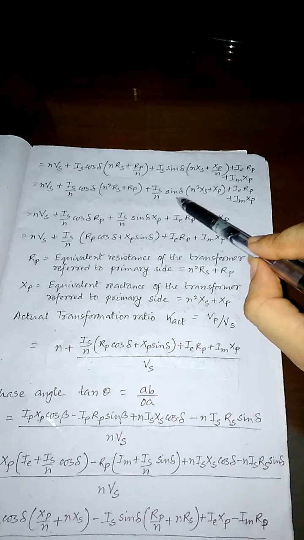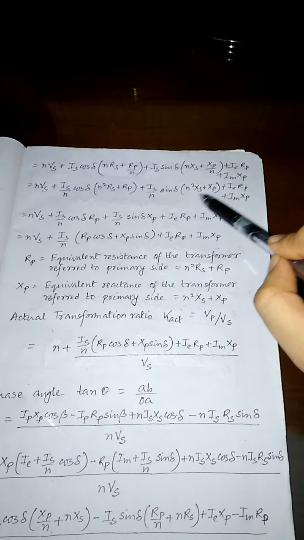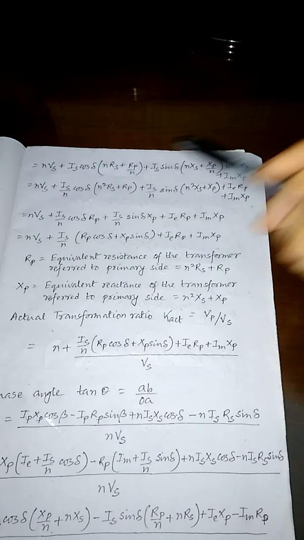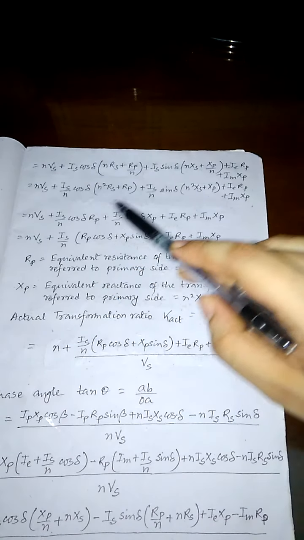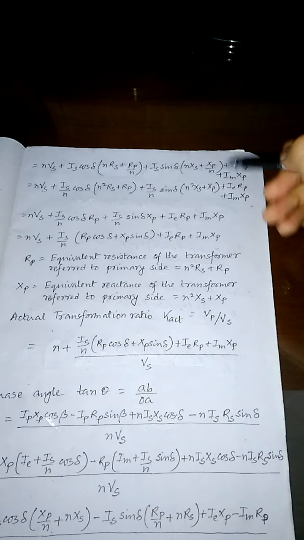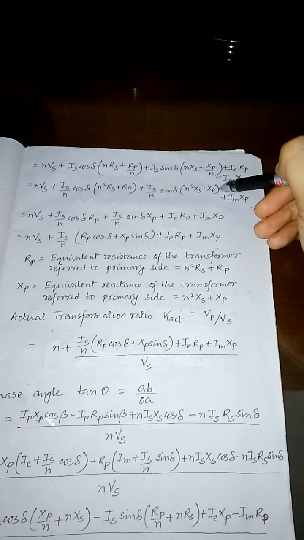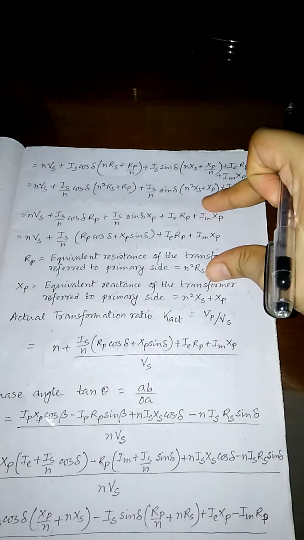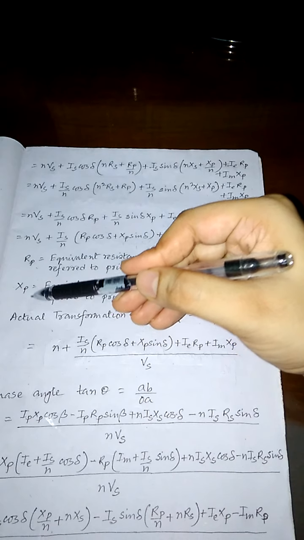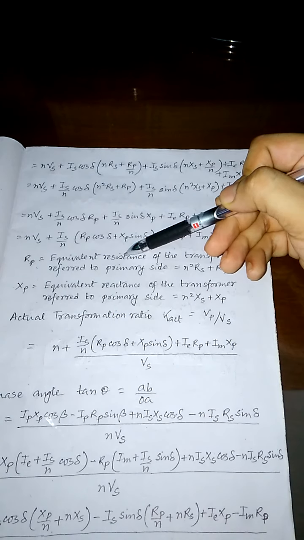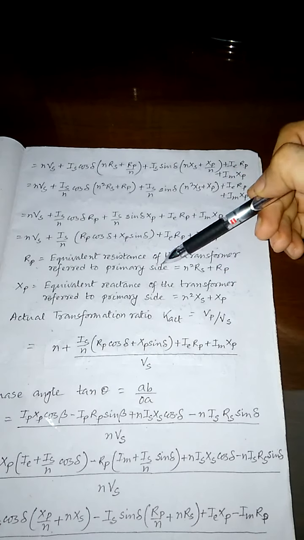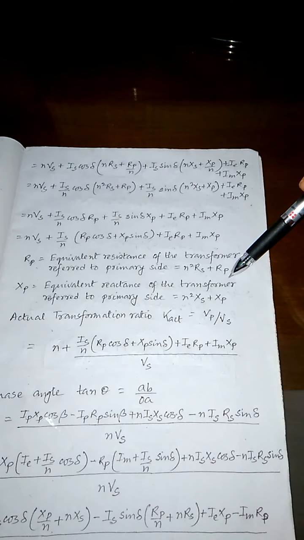So IS by N sin sigma, N square XS plus XP, plus IERP plus IMXP. Now what happens? See, this N square RS plus RP and this N square XS plus XP, we can consider as the total resistance RP and total reactance XP, that is RP is the equivalent resistance of the transformer referred to the primary side, that is N square RS plus RP.